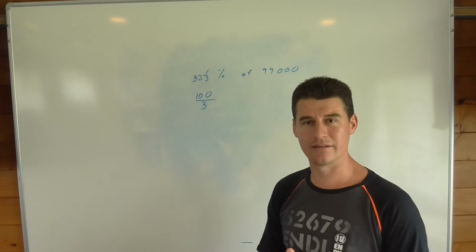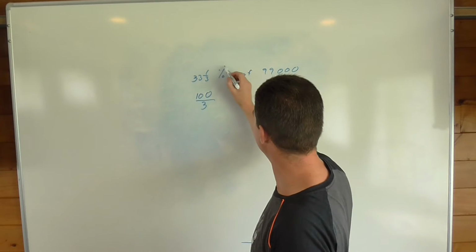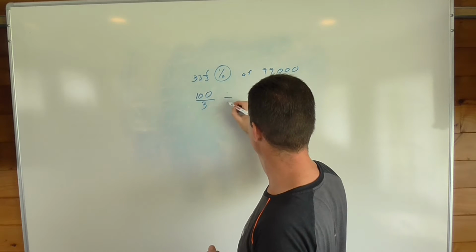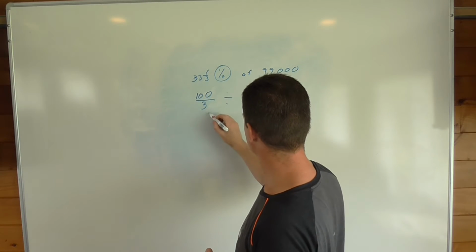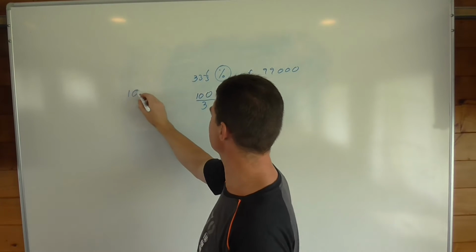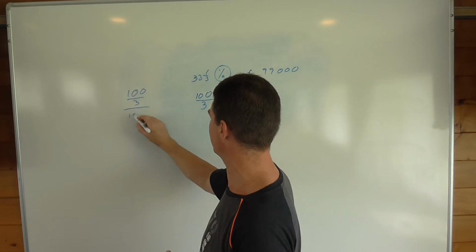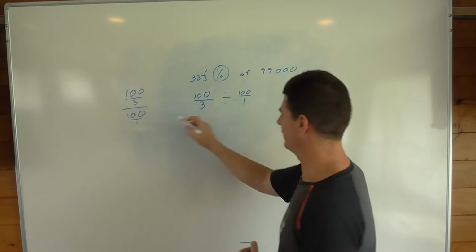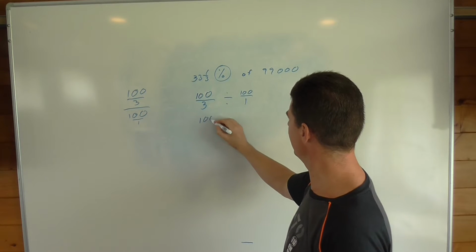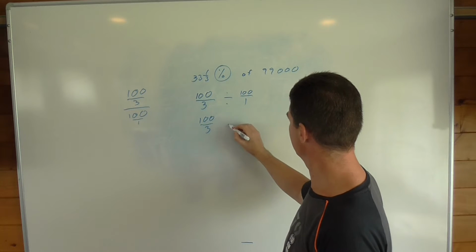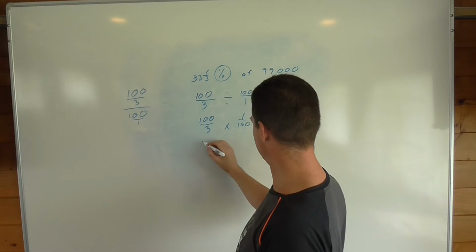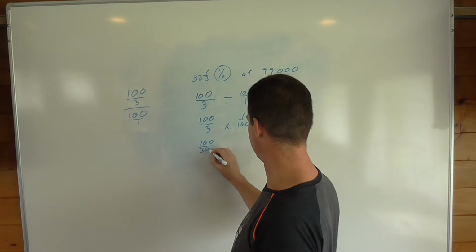But we need to get rid of the percentage sign, so that is divided by 100 over 1. It's like saying 100 over 3 divided by 100. Now we just multiply: 100 over 3 multiplied by 1 over 100, which is 100 over 300.